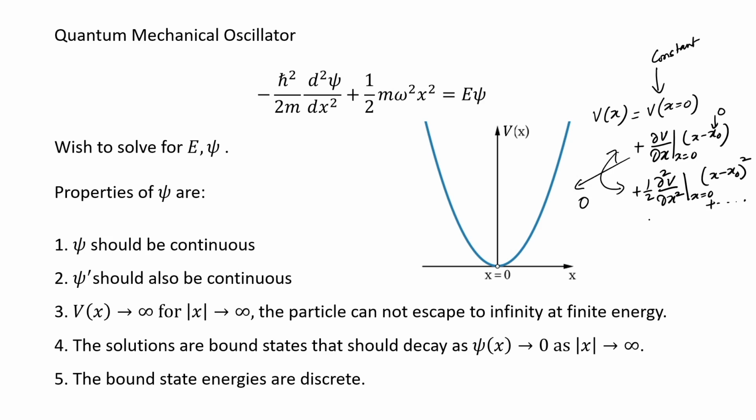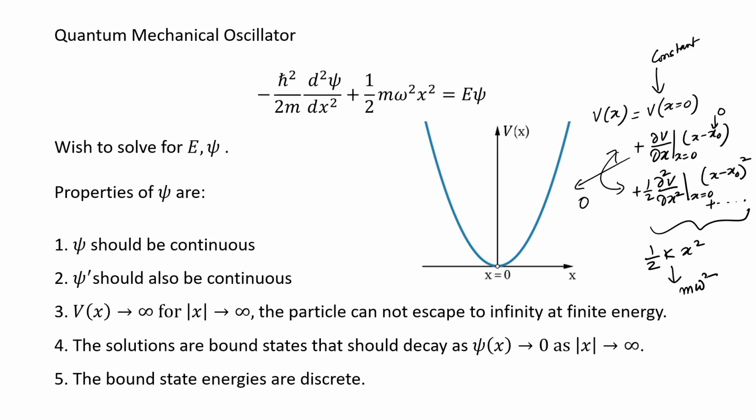So, the only non-zero and relevant term is this third term, which can be written as half k x square. I set x 0 equal to 0 here, so that is why we have not put x 0. This k, as I told, is called the force constant or spring constant, and can be written in terms of the mass of the oscillator, that is the particle executing the oscillation, and the angular frequency, as k equal to m omega square.